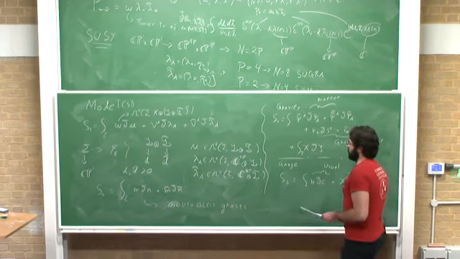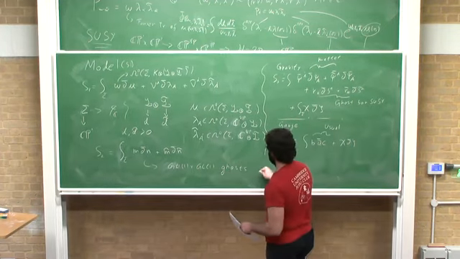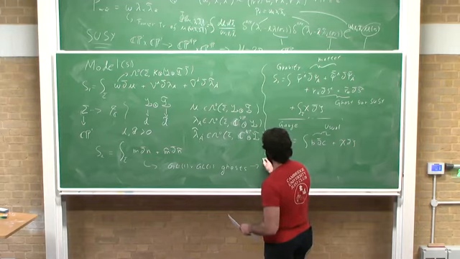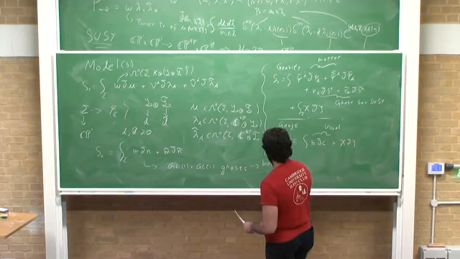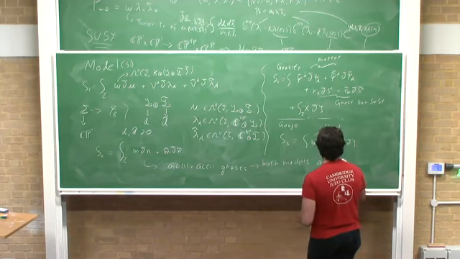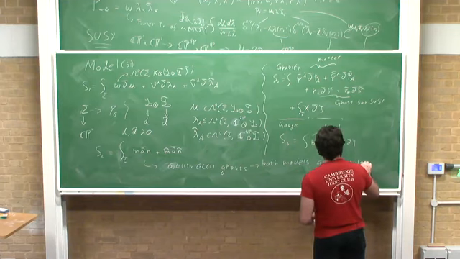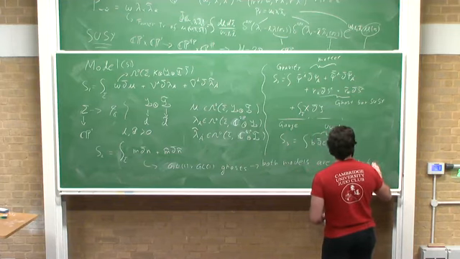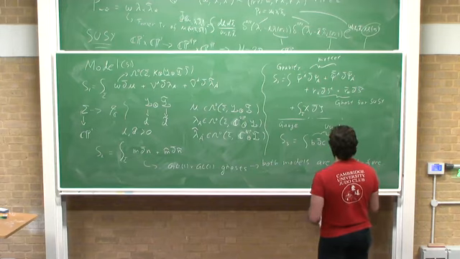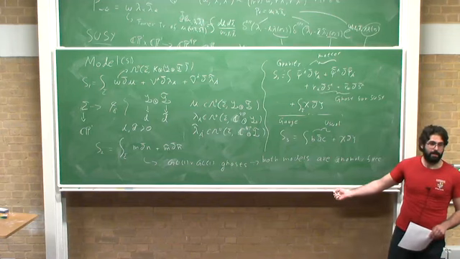So, question. There's this GL1, and what you can see is that both models are anomaly free, GL1 anomaly free, in this sense. It's not clear to me why this is a gravity model and why this is a gauge model.